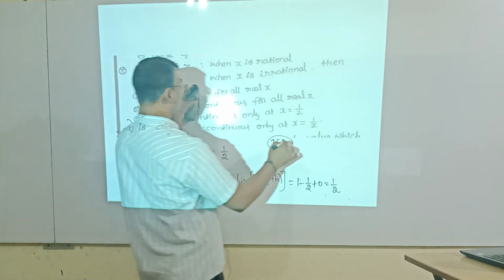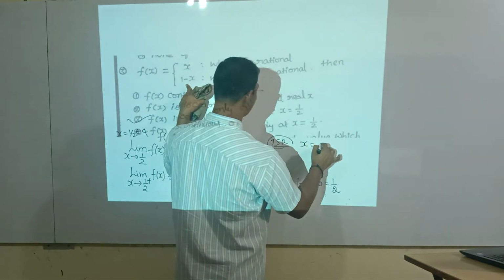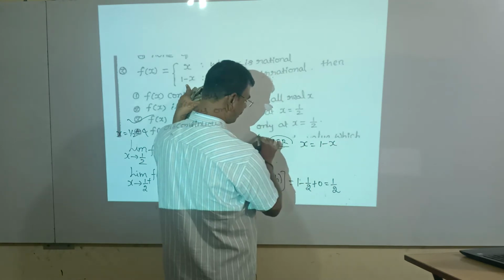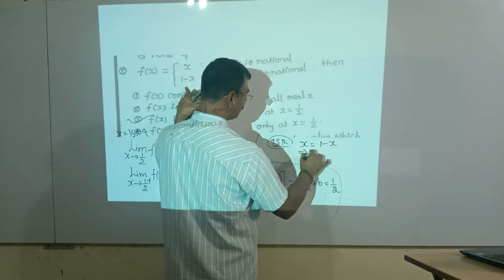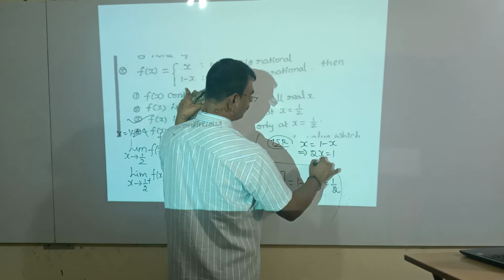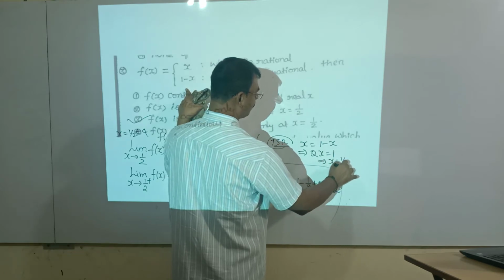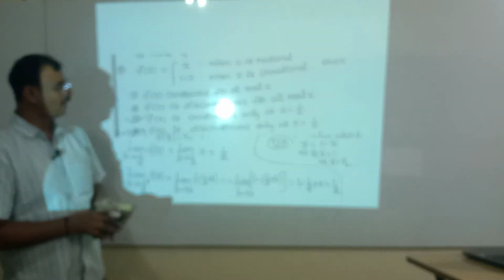If I solve these two, that is x is equal to 1 minus x, this is the second method. So 2x is equal to 1. X is equal to 1 by 2. Okay?